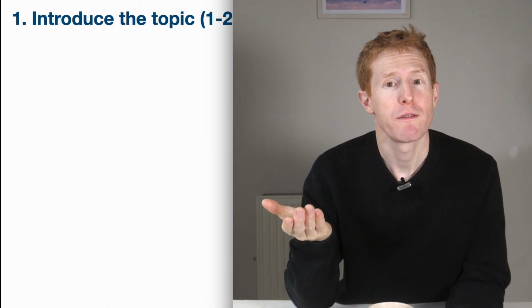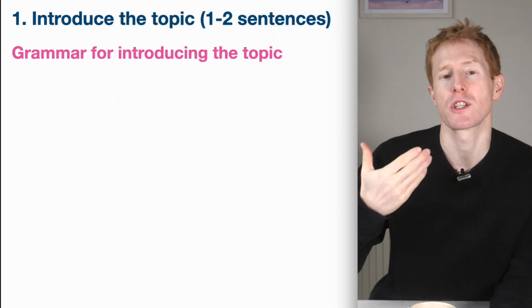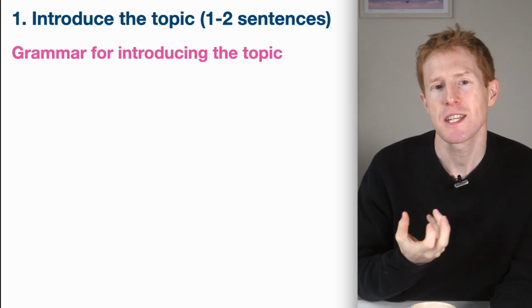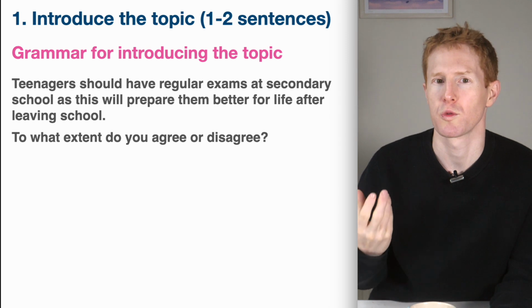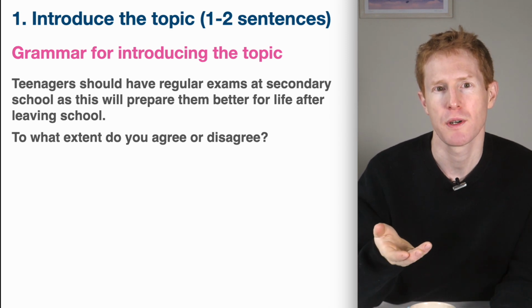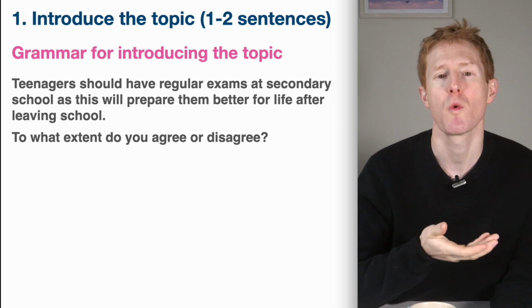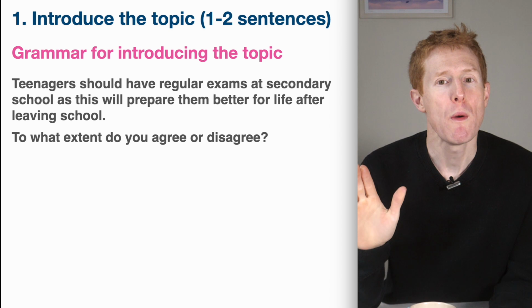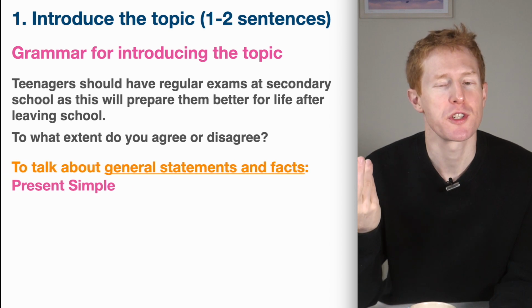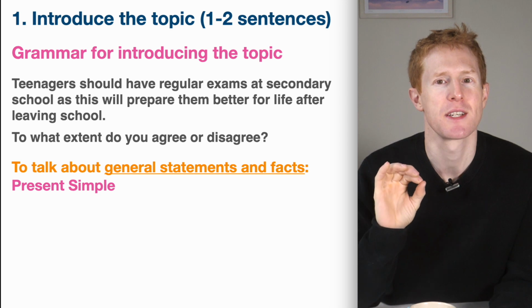We also have certain grammar structures that we use when we respond to the question. Let's take our model question again. Teenagers should have regular exams at secondary school as this will prepare them better for life after leaving school. To what extent do you agree or disagree? Now, when we talk about general statements and facts, we use the present simple.